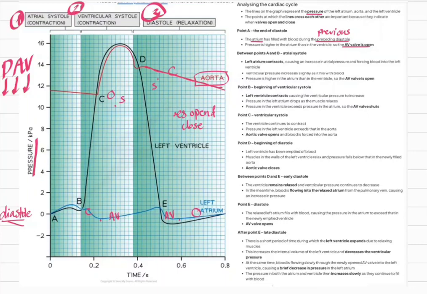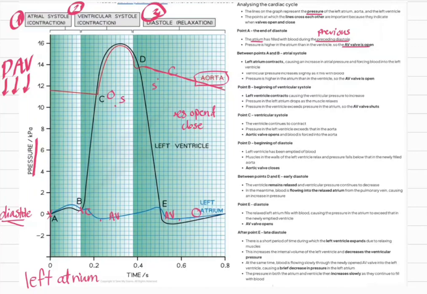Between points A and B, this is where the atrial systole happens. We're here talking mainly about the left atrium, left ventricle, and the aorta, of course. We wouldn't be talking about the aorta if it wasn't for the left side of the heart.